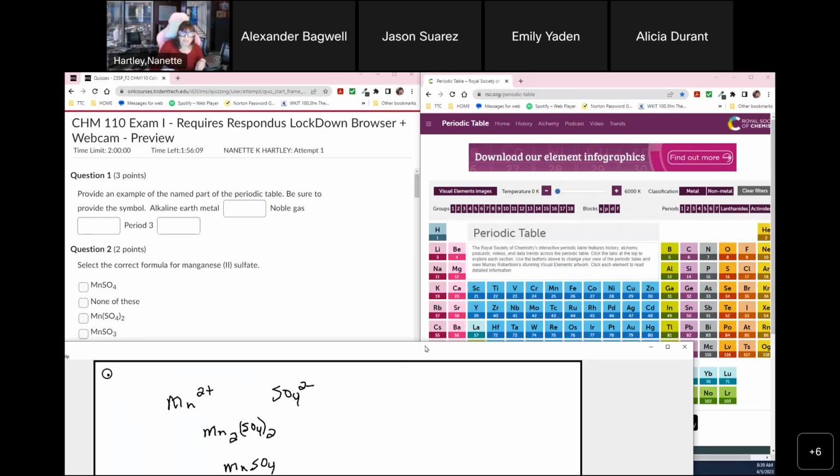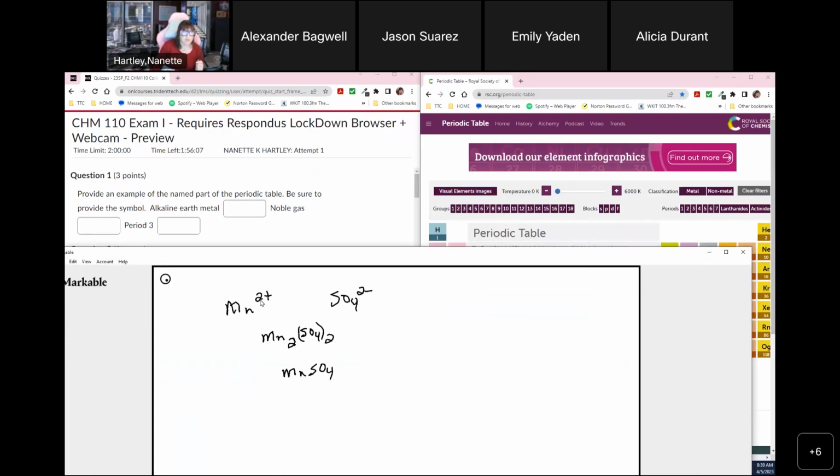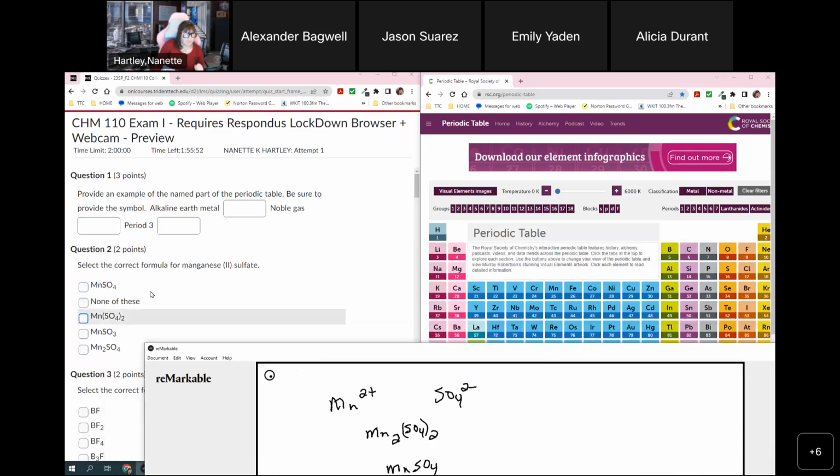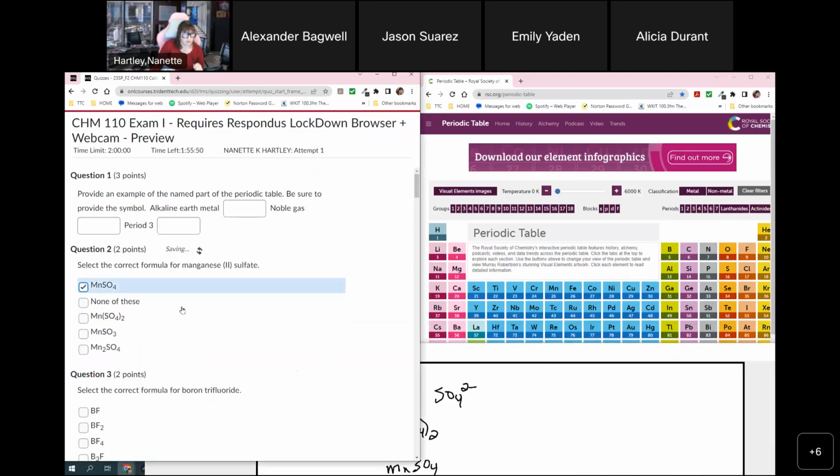Okay. But that's technically what I'm doing. So whatever the charge is on the Mn, that becomes a subscript down here. Whatever the charge is on the SO4 2 minus, that becomes a subscript down here. The only reason I don't need it here is because they're both the same. So that's my MnSO4. So this is the answer I was looking for there.